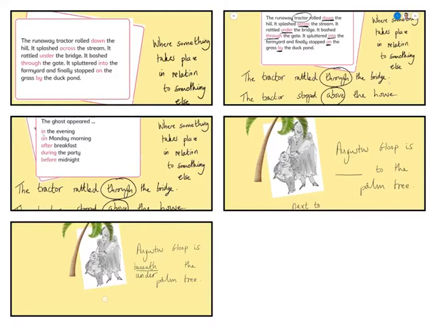I want you to write a sentence. Where do you think Augustus Gloop is in relation to the palm tree now? How about now? Can you write me a sentence? Augustus Gloop is something to the palm tree.